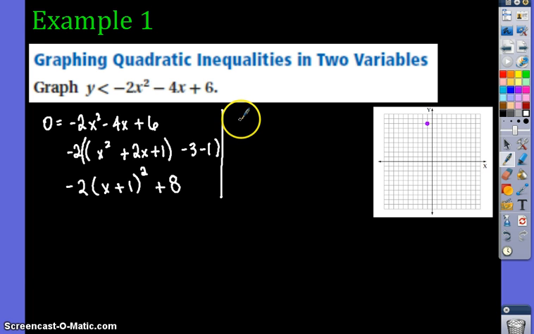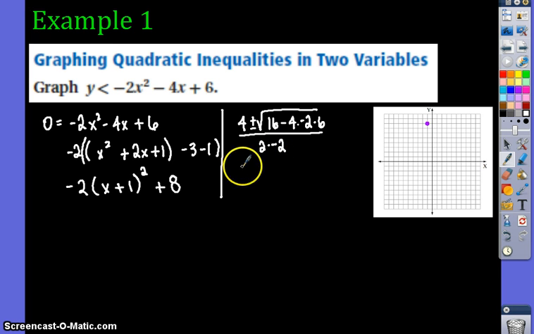So our first term would be the opposite of negative 4, which is just 4, plus or minus the square root of negative 4 squared, which would be positive 16, minus 4 times a, which is negative 2, times c, which is 6, all of that divided by 2 times a, which is negative 2.